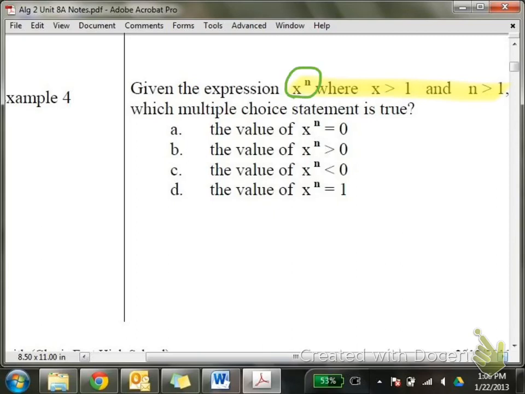But then they give us some parameters. x has to be greater than 1, and n has to be greater than 1. So my suggestion for these types of problems is plug in the smallest x and the smallest n.